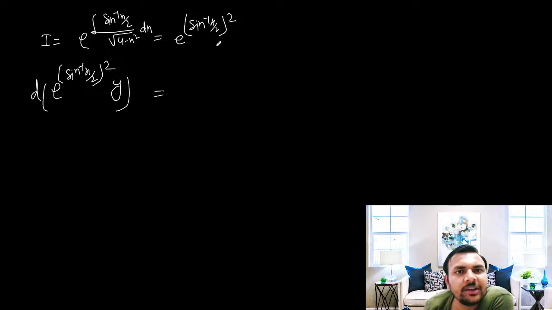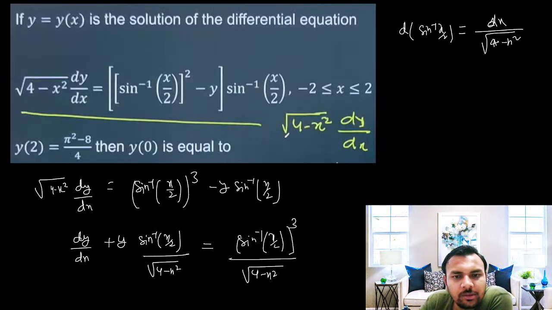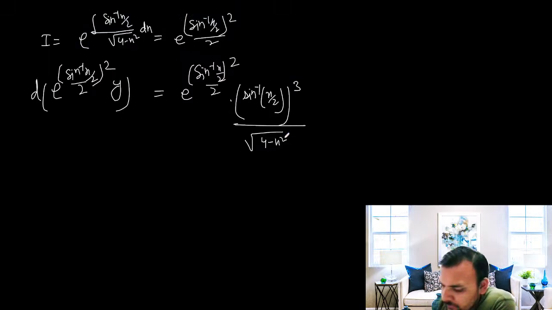It will be 2 sine square x by 2, by 2 also in the up. Okay, it will be by 2. Now we have e to the power (sin inverse x by 2) whole square by 2 into (sin inverse x by 2) whole cube upon root under 4 minus x square. Is it so? Now what will happen? We'll integrate both the sides.